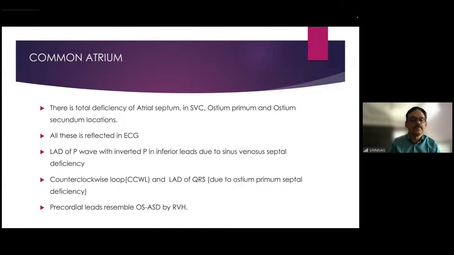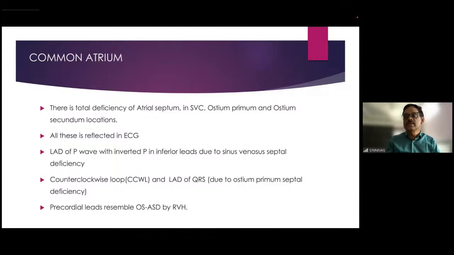So this is represented by upright T waves and inverted P waves in the limb leads, the inferior leads, leading to left axis deviation of the P wave. And there will be a counterclockwise loop and left axis deviation of the QRS. This is due to the ostium primum septal defect. And there will be right ventricular hypertrophy due to the deficiency of the ostium secundum atrial septum.